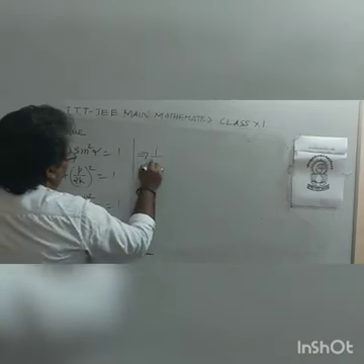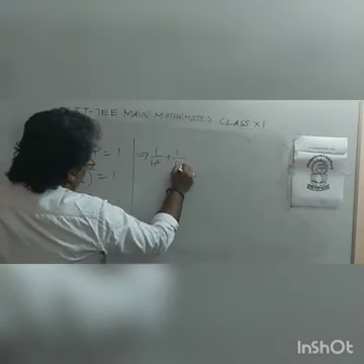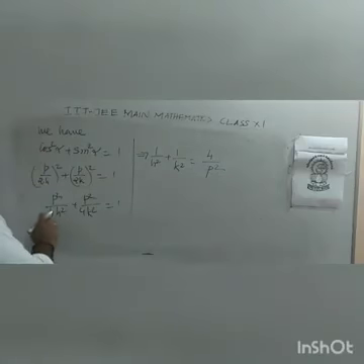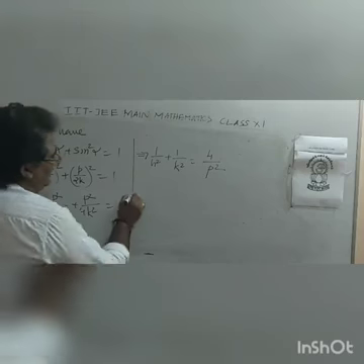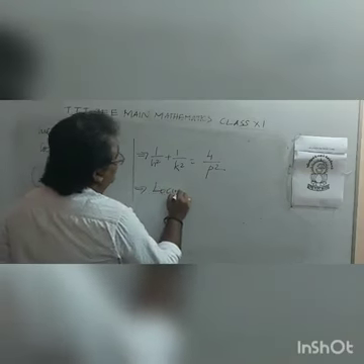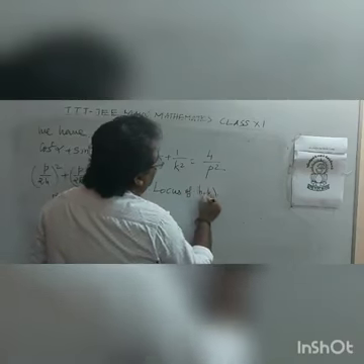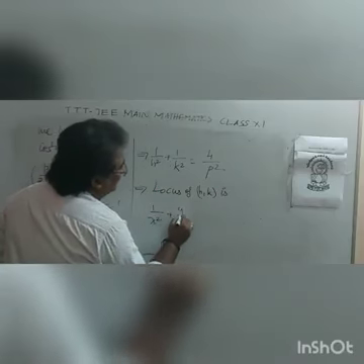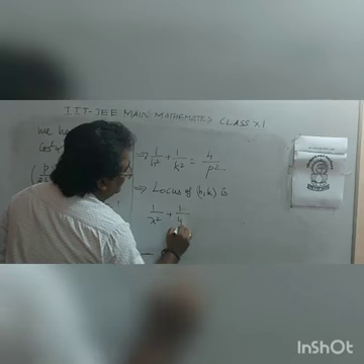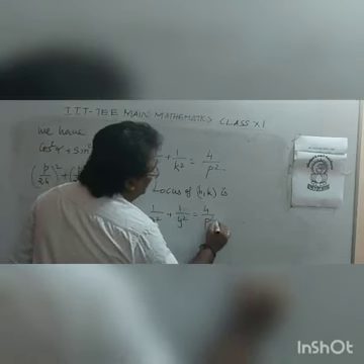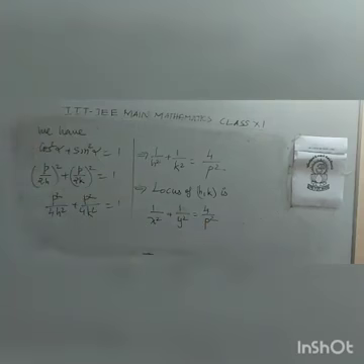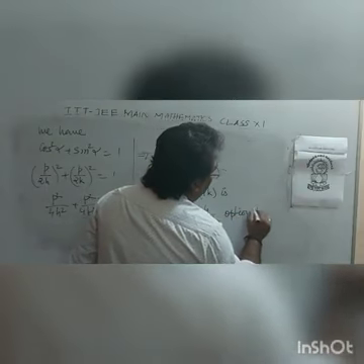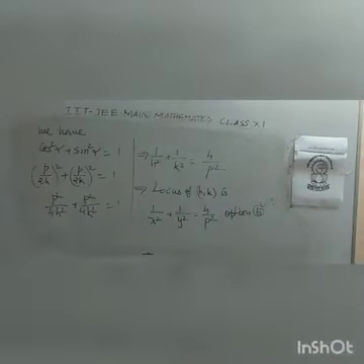Which implies 1 by h square plus 1 by k squared equal to 4 by p squared. So the locus of h comma k is 1 by x square plus 1 by y square equal to 4 by p squared. So option B is correct.